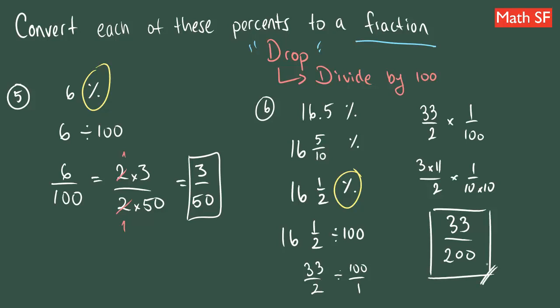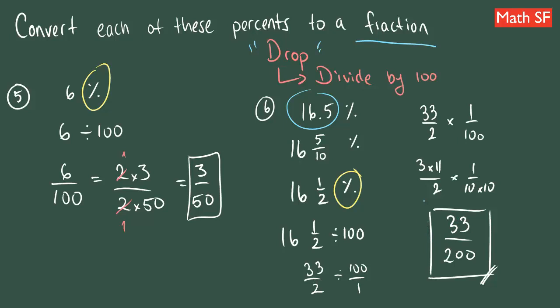So if they're asking you to make everything into a fraction, first of all, that decimal here that was given should have been a fraction. So we convert that into a fraction with the percent sign that we have here, but now we have to drop the percent sign, so it means that we had to divide it by 100. And after that, you follow all your procedure, try to reduce if possible, and we couldn't reduce that, therefore we multiply across. So my final answer should be 33 over 200.